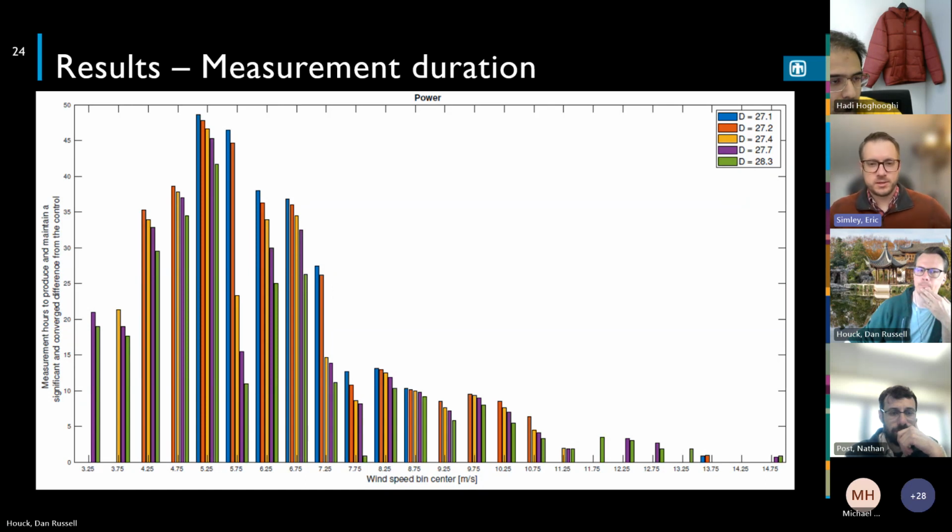And so some of those you just don't have enough data to achieve convergence or significance. But for those that you do, do you know why those require less data than higher wind speeds? Because I would expect that the variability in the wind to just keep increasing as wind speed decreases.